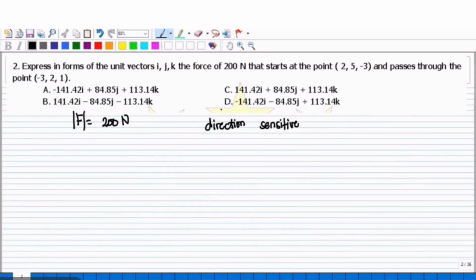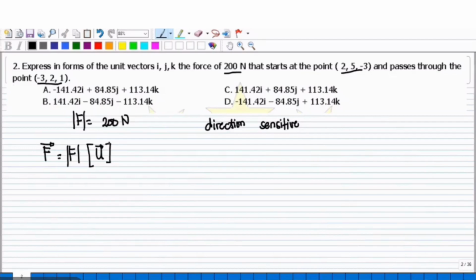Okay? Take note po, ang binigay lang sa atin is the force, and the points kung saan mag-start yung force at saan papatungo yung force. Okay? So yan. And masasolve natin ito using the general formula, by getting the force vector that is equal to the magnitude of that vector multiplied by its unit vector.